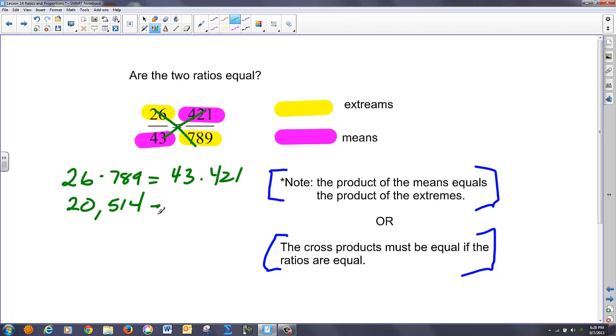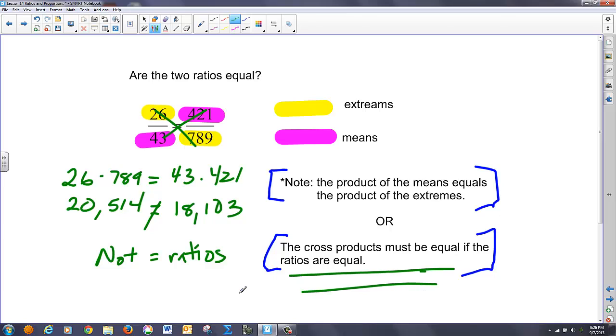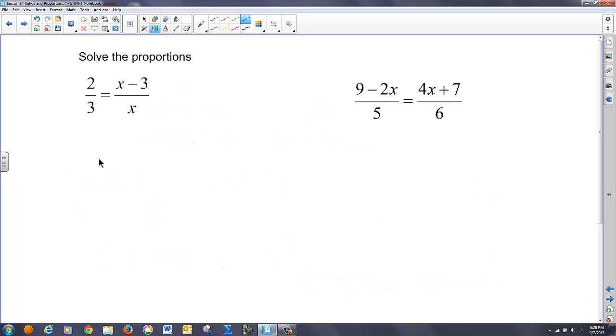And then we have 43 times 421, which is 18,103. So we can say these are not equal, therefore not equal ratios. The big thing though we learned is that the cross products have got to be equal if you have a proportion.